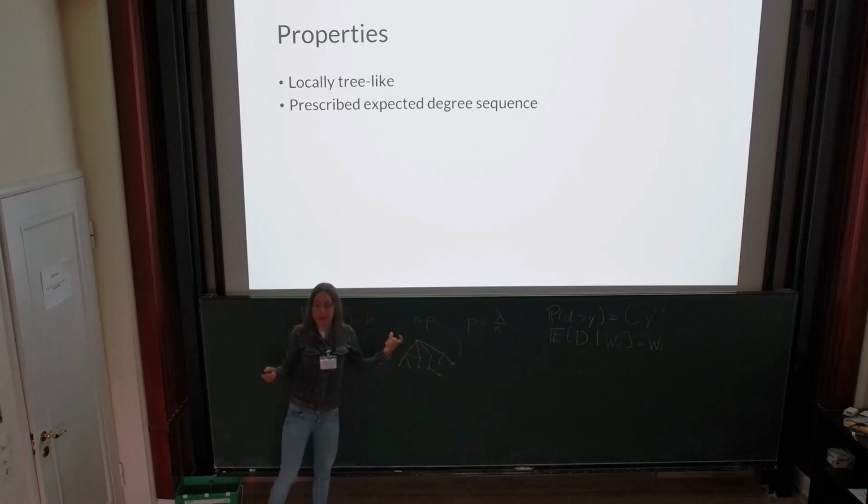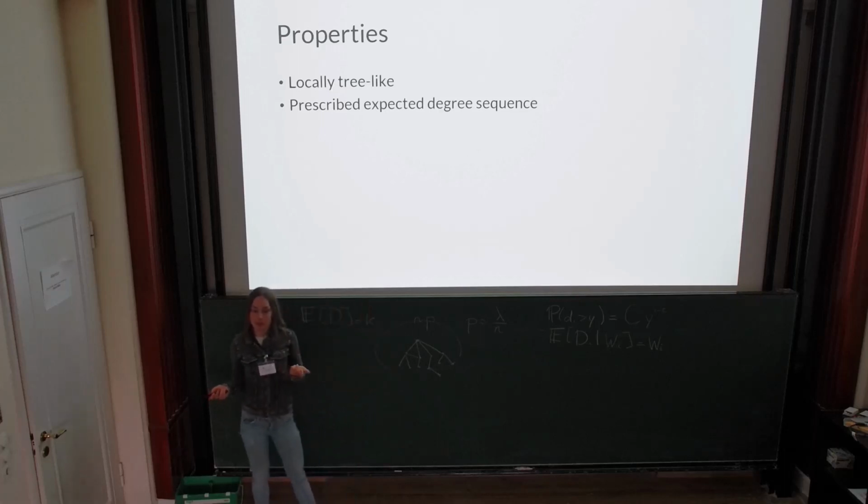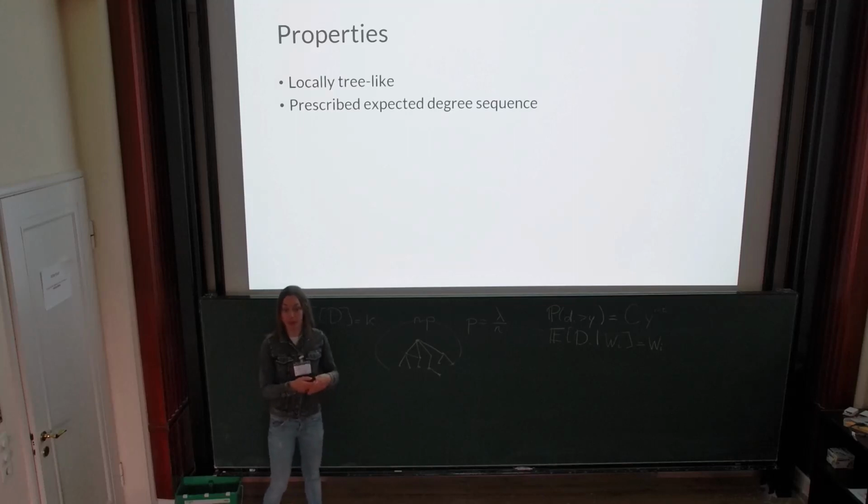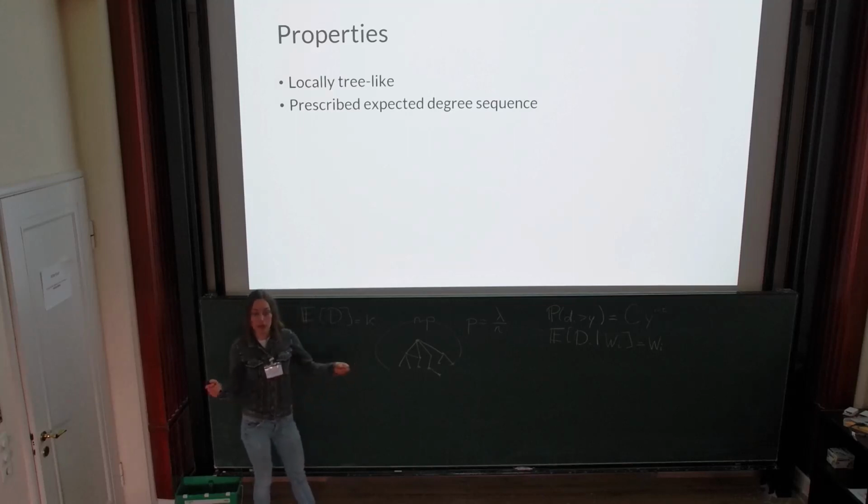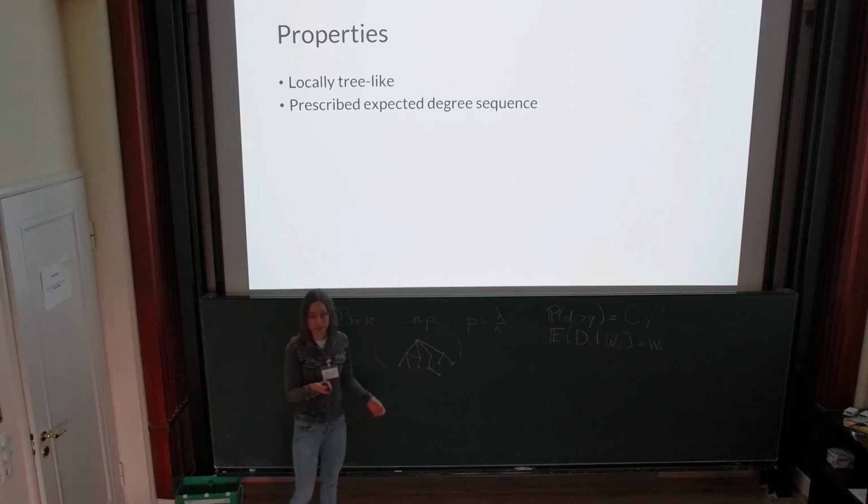The not so nice thing is that if you think back about these networks that we thought about in reality, they often do not look like a tree at all. Many of these networks, for example social networks: if you have 2 friends, it's kind of likely that they also know each other. So a social network should definitely not look like a tree. And the same holds, of course, for collaboration networks.